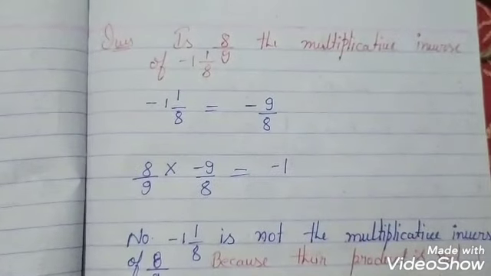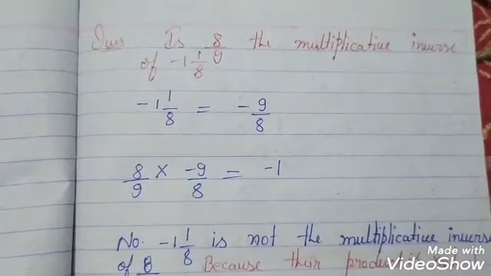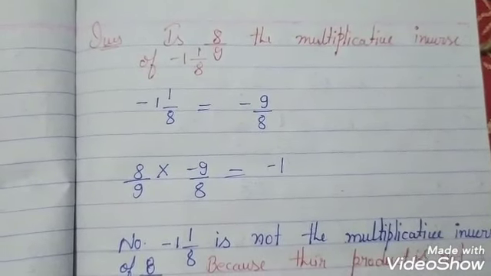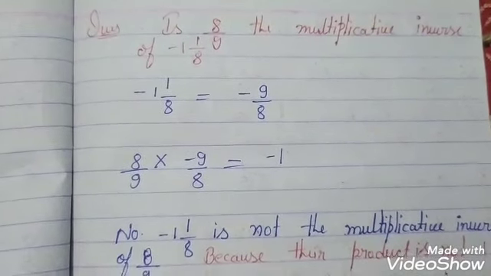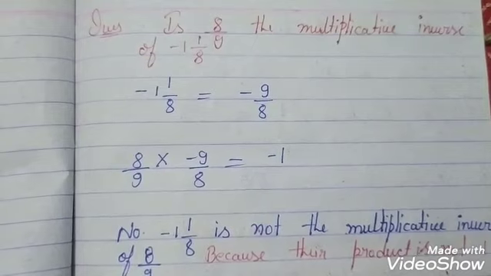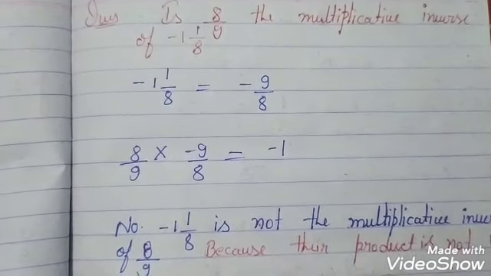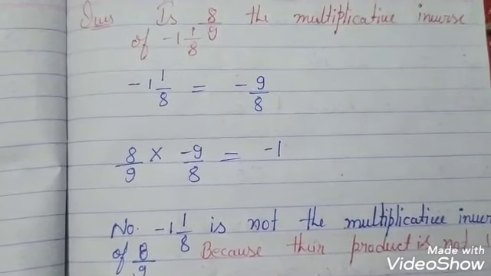Our next question is: is 8/9 the multiplicative inverse of minus 1 whole 1/8? First we solve minus 1 whole 1/8, and its answer is minus 9/8. Then we multiply minus 9/8 by 8/9, and we get minus 1 as their product.